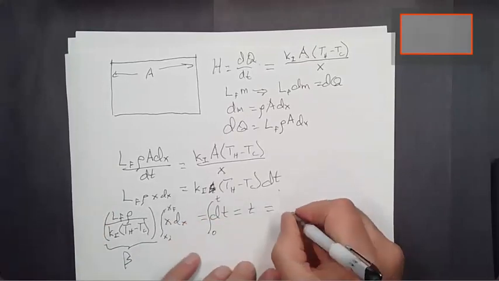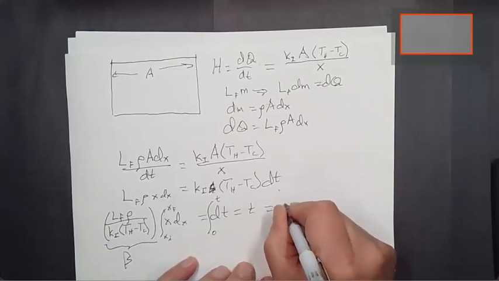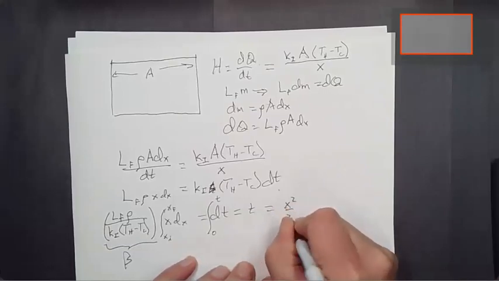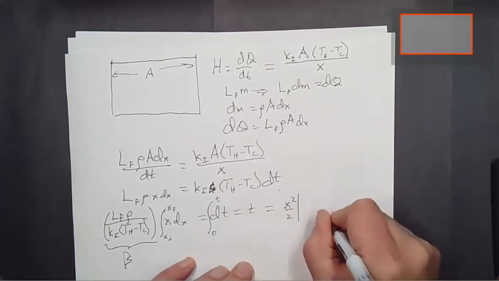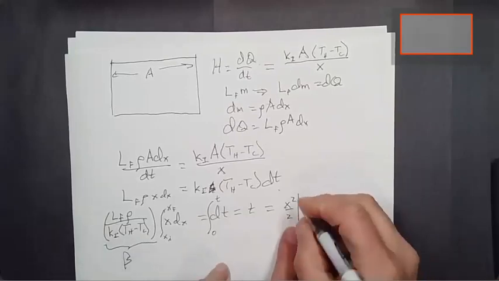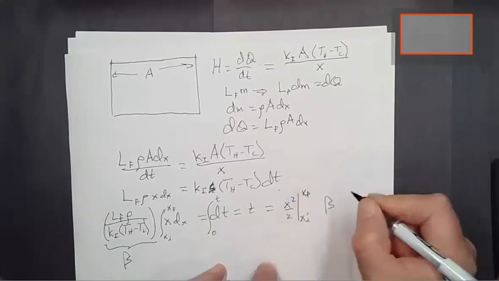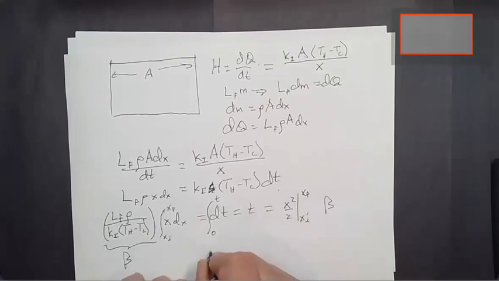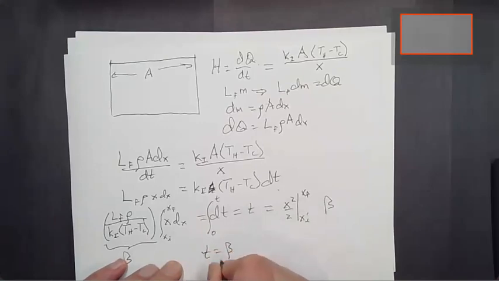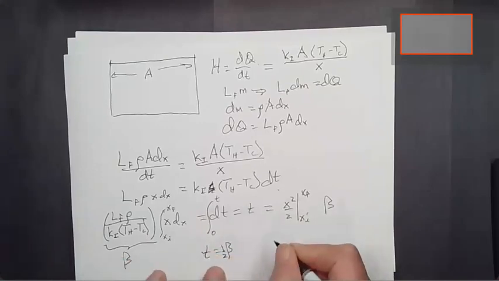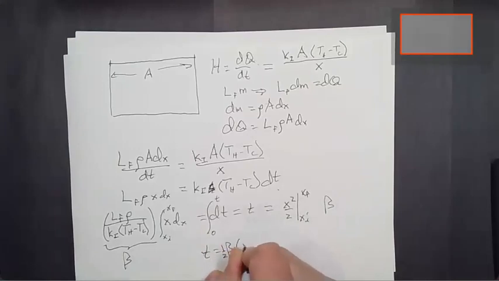When I integrate that, I'll end up with x squared over 2 times beta, integrated from some x initial to some x final. And so the amount of time it takes is going to be 1/2 beta times x final squared minus x initial squared.